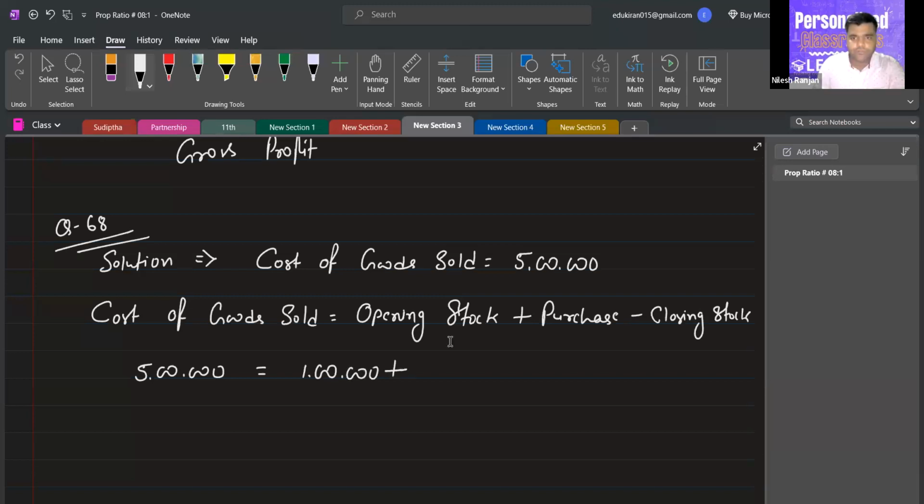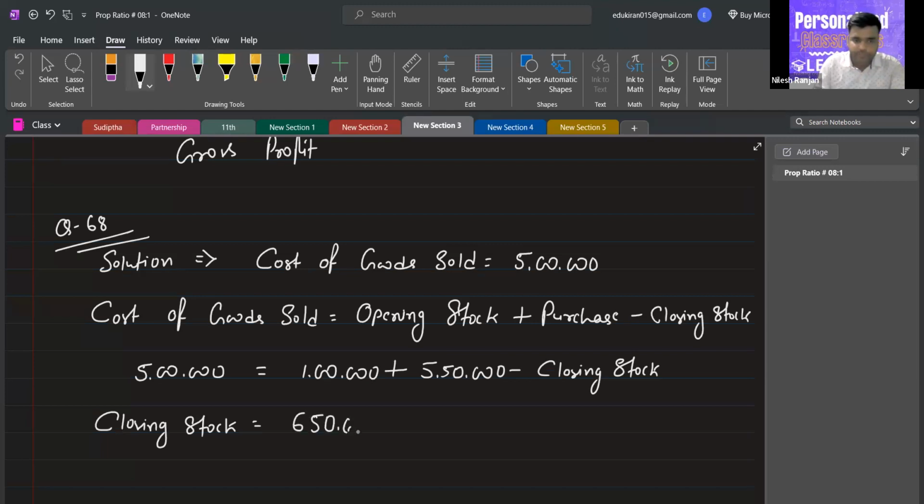Purchase is given, 5,50,000. And closing stock is not given. We have to calculate this. So we will take closing stock on the left side, so it will be positive. Closing stock equals 5,50,000 plus 1 lakh, that is 6,50,000.